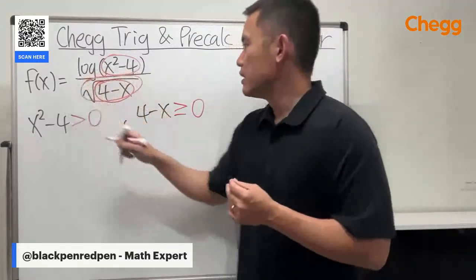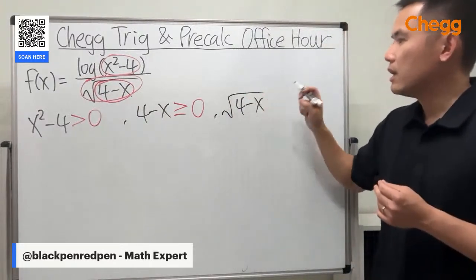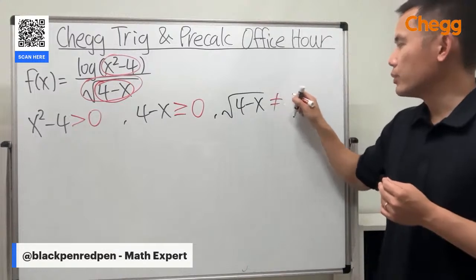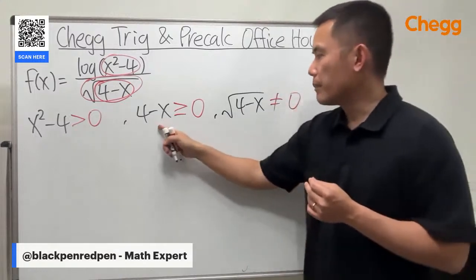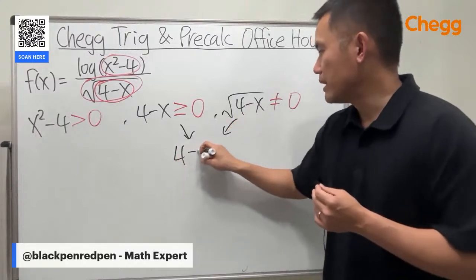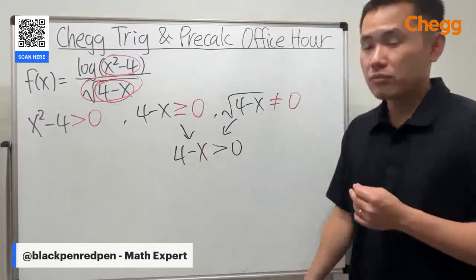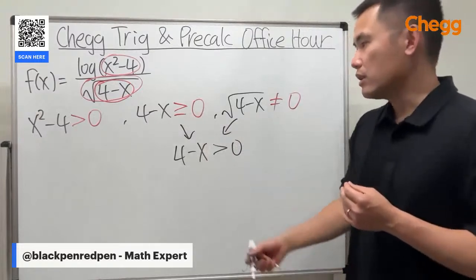But the thing is that if you look at this, the whole square root, because that's the whole denominator, this right here cannot be equal to 0. You can combine these two right away. This right here is just saying 4 minus x has to be greater than 0. You cannot have the equal sign, right?